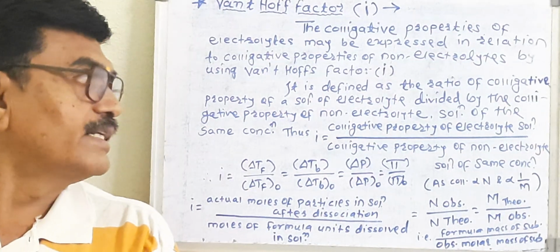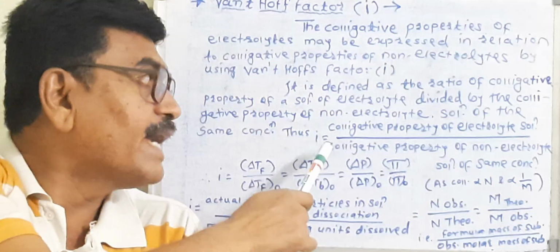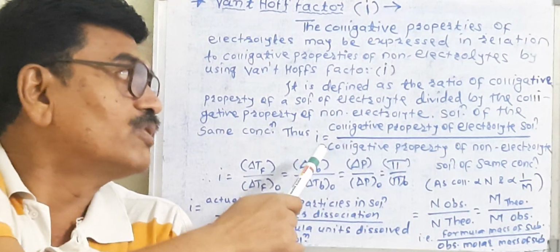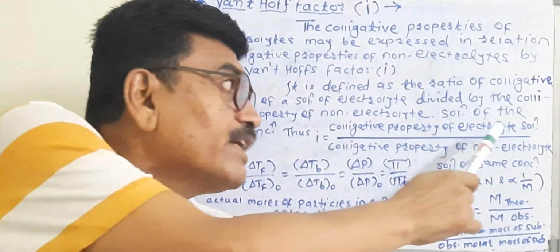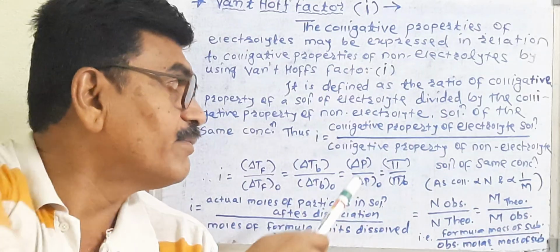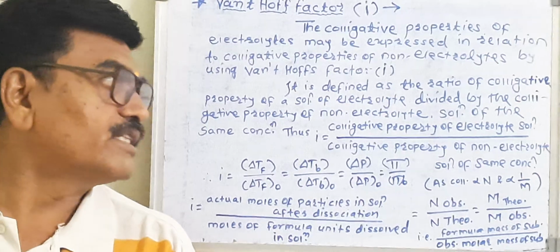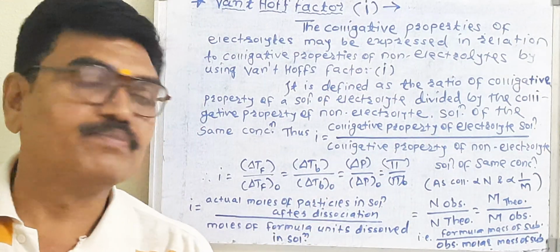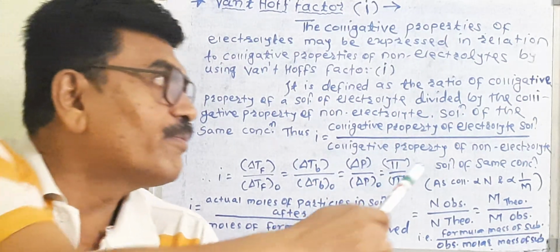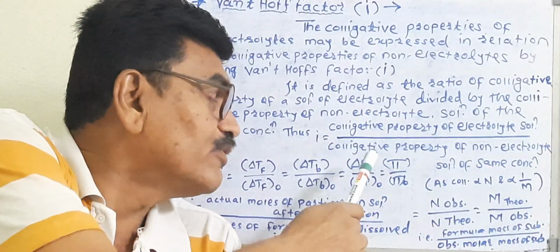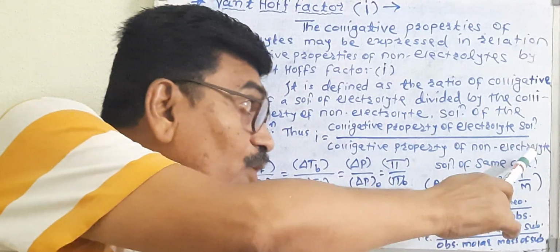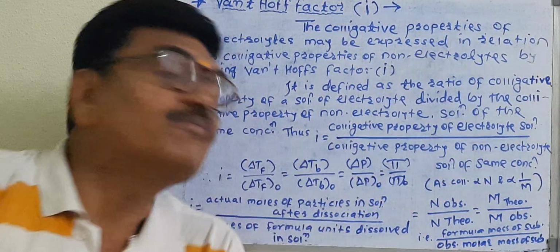In this way, we can write i, the Van't Hoff factor, is equal to the qualitative property of the electrolyte solution divided by the qualitative property of the non-electrolyte solution of the same concentration.